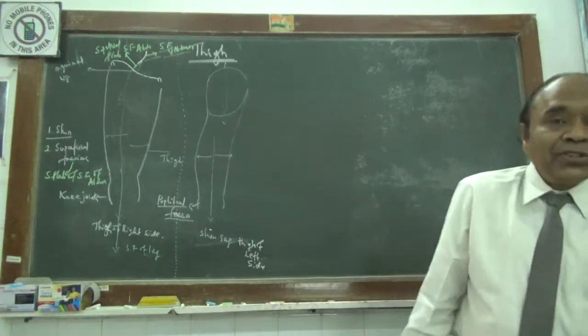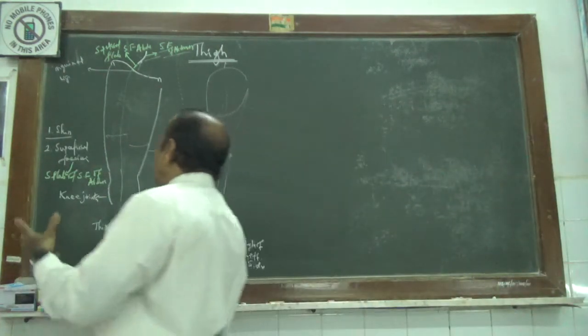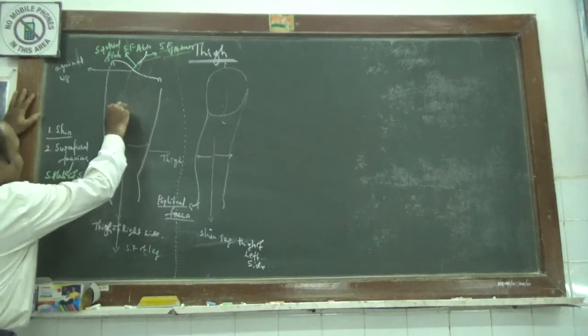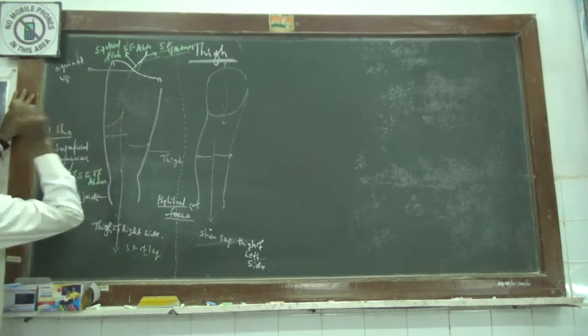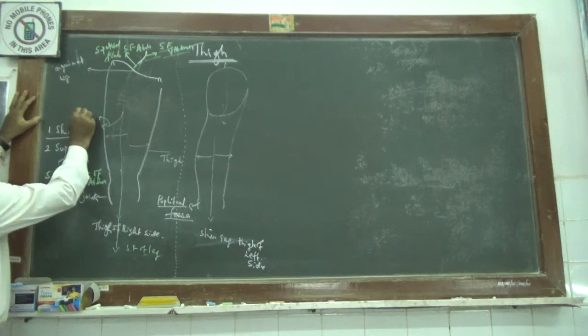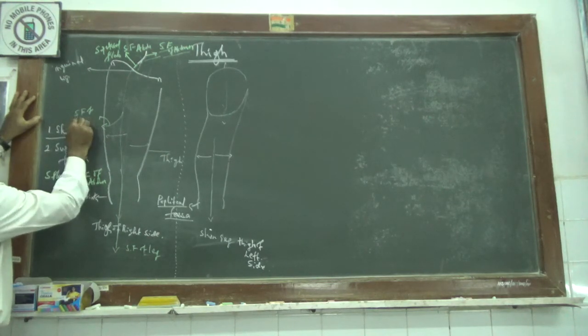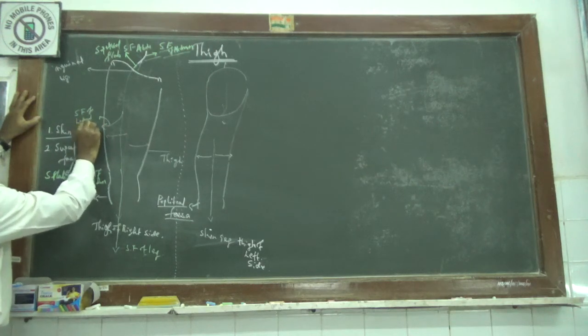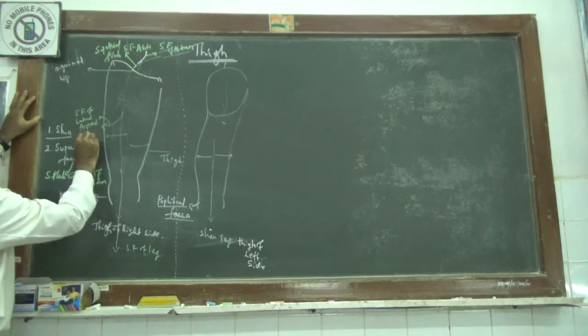Then the superficial fascia of the thigh, as it runs laterally, becomes the superficial fascia of the lateral aspect of the thigh.